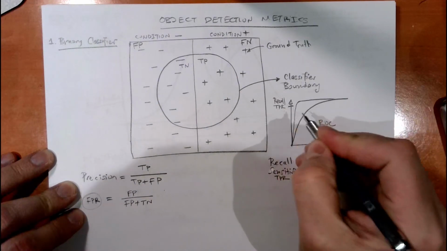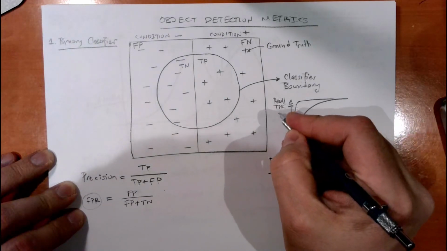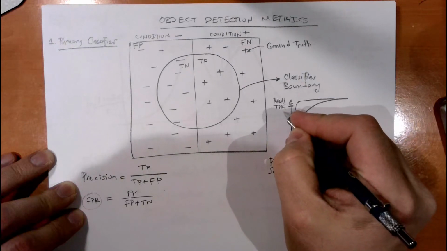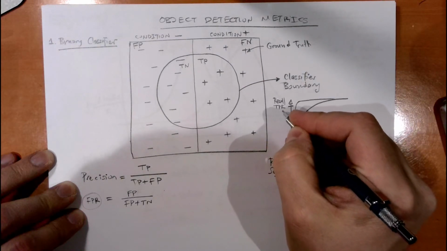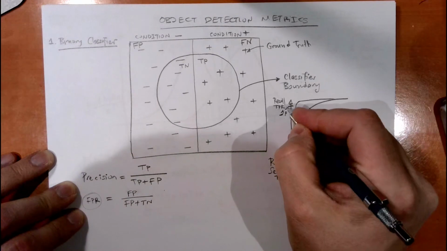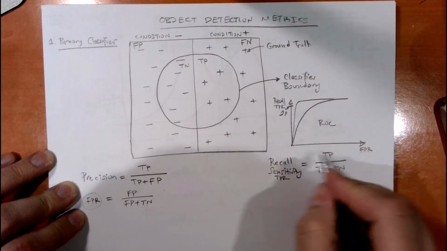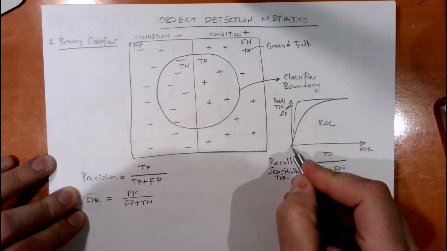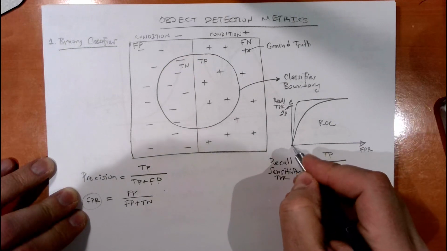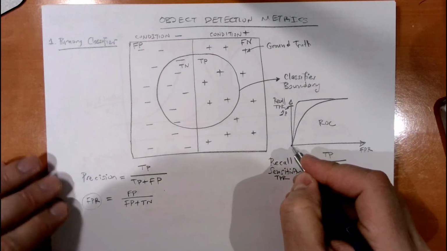The ideal point is that we can have a recall of 1.0, this is the 1.0 point over here, with zero false alarm probability or false positive rate.